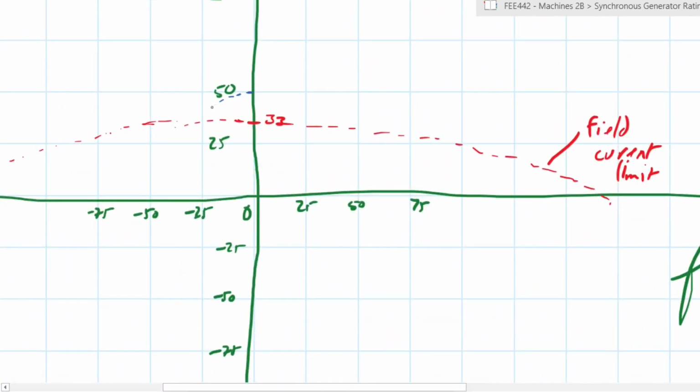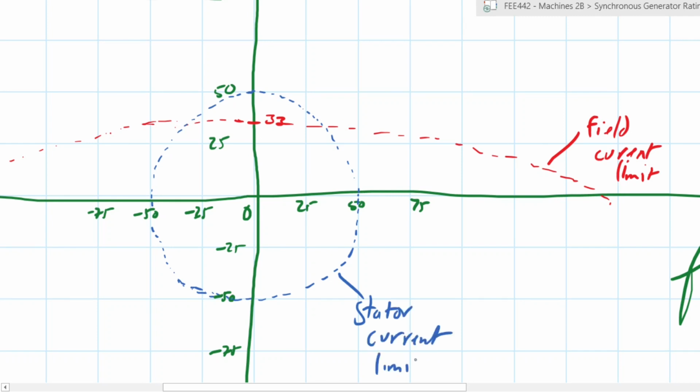So it will look something like that. Okay, and this is our stator current limit, the IA limit, and the other one was the IF limit.